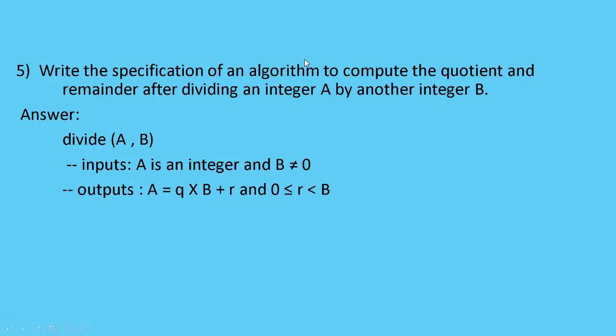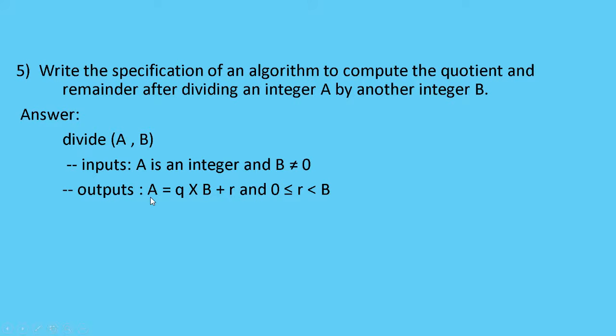Specification of algorithm to compute the quotient and remainder after dividing an integer a by another integer b. So divide a, b are the two numbers. A is an integer and b is not equal to 0. This input property, b not equal to 0, because we cannot divide a number by 0.